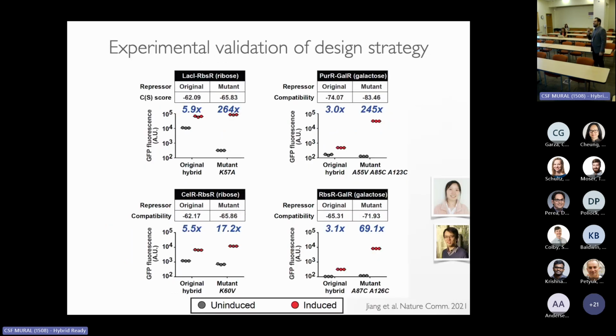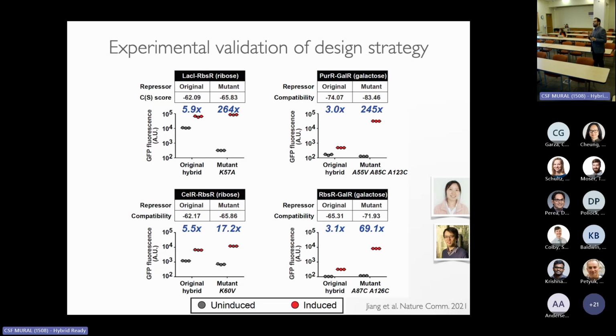So this is one example where we see this operon created as a hybrid with this BSR transcription factor. Originally, on the left, that had kind of a functional output, right?